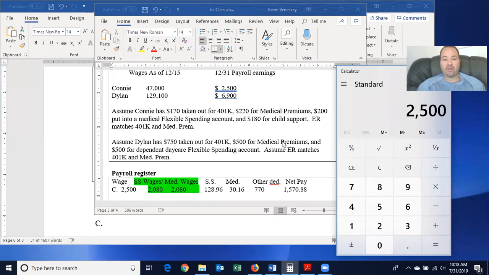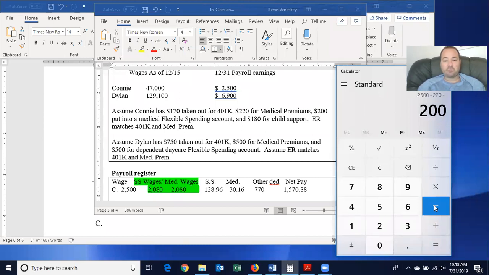So I can't do anything with that 170 right now. I have to leave it out. The 220 for medical premiums, that is something that is specifically excluded for FICA taxes, so I can reduce $220 of taxes. 200 put into my medical flexible spending account, that is another one that's specifically excluded. So I can take the 200 out.